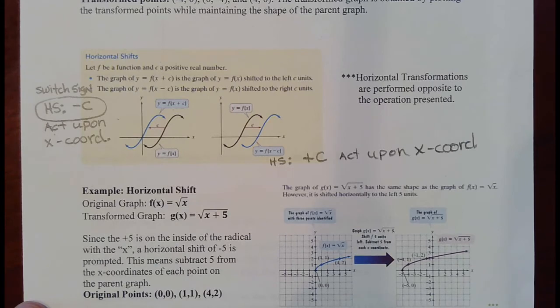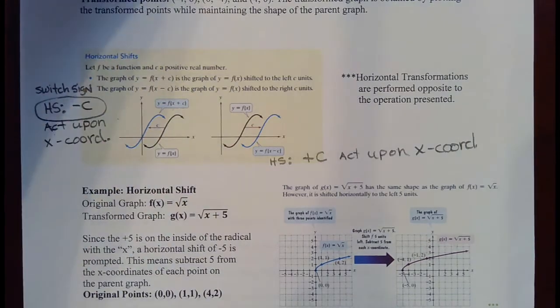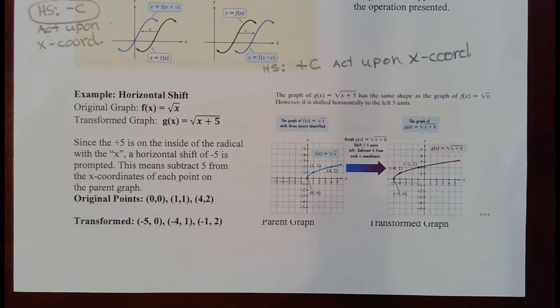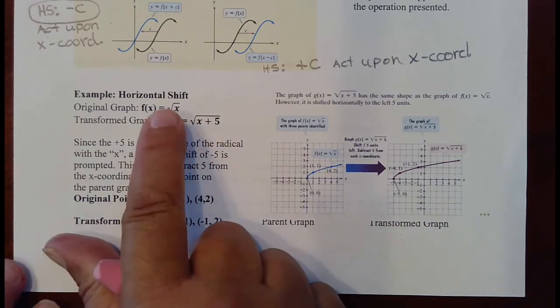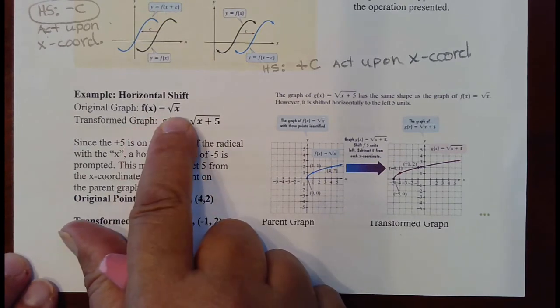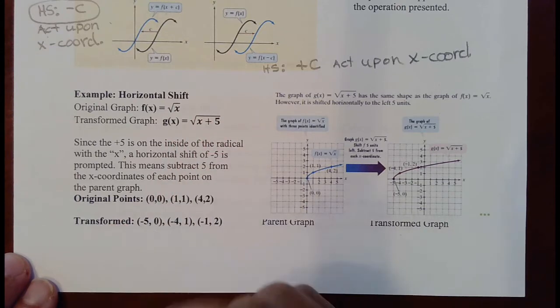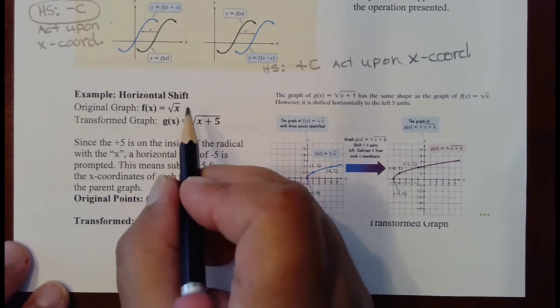Okay, looking at a real live problem, in this problem, the parent graph is just square root of X, whereas in the new transformed function, it's going to be square root of X plus 5. Notice that instead of the 5 being out here, it is inside the symbol that actually creates this shape. Those are considered like grouping symbols.